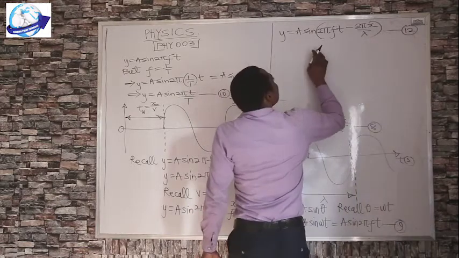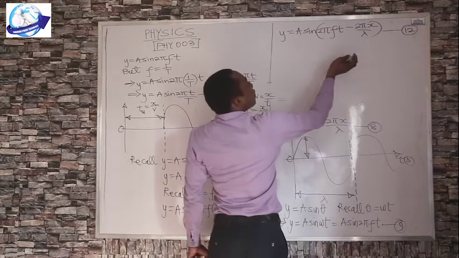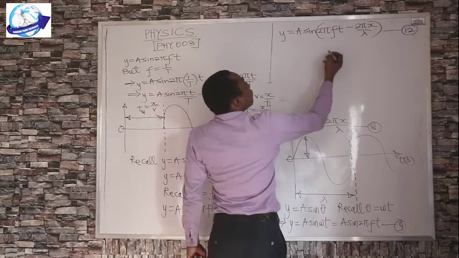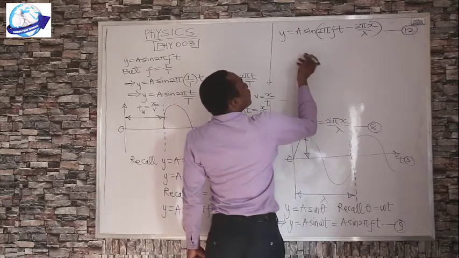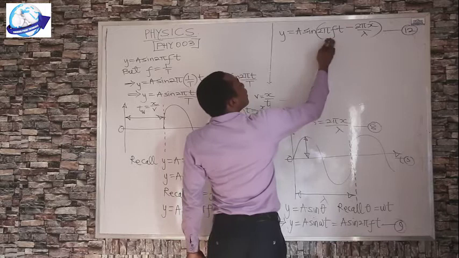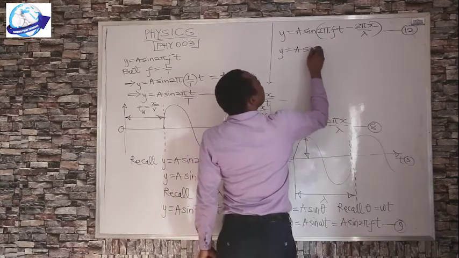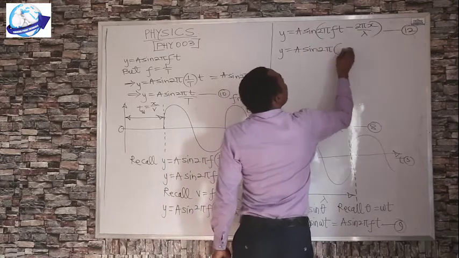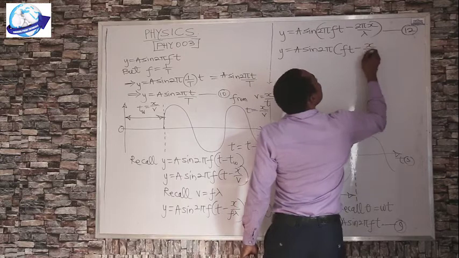Another wave equation. Then when you look at it very well, if you make an adjustment, factorizing the 2 pi out, you have y equals a sine 2 pi open bracket ft minus x over lambda.